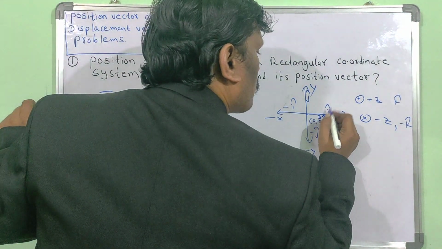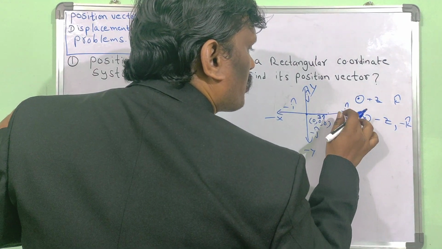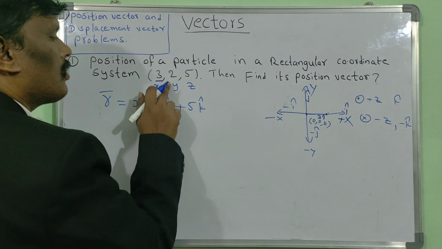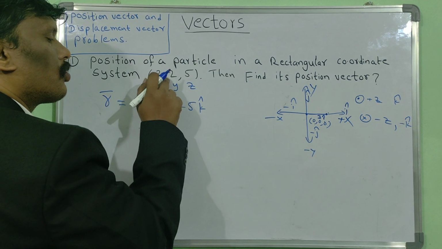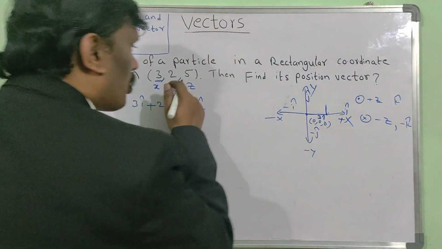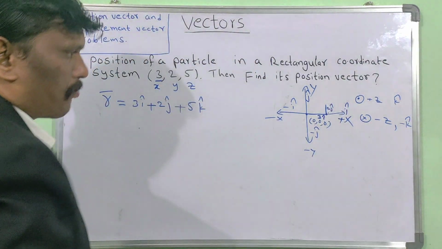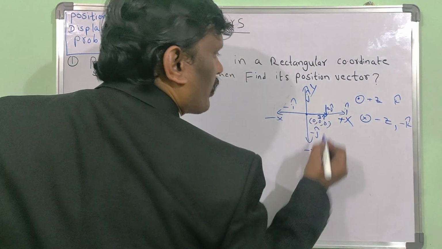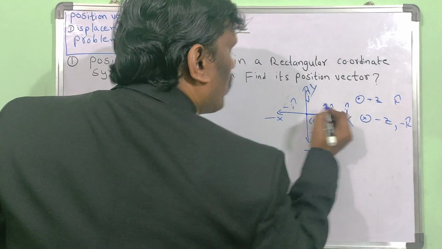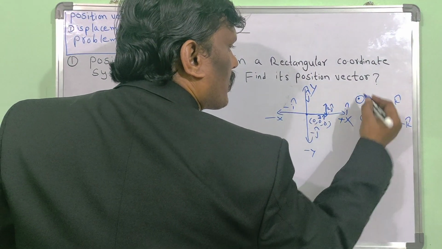After traveling 3 units along the positive x-axis, we need to move parallel to the y-axis 2 units, in the positive direction, represented with j cap. So 3 i cap vector, 2 j cap vector. After that, I need to move in the positive z direction.